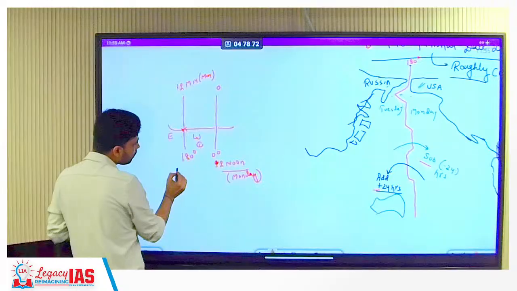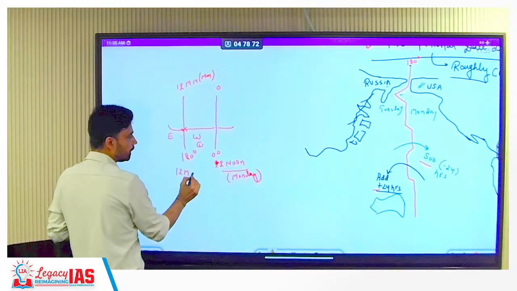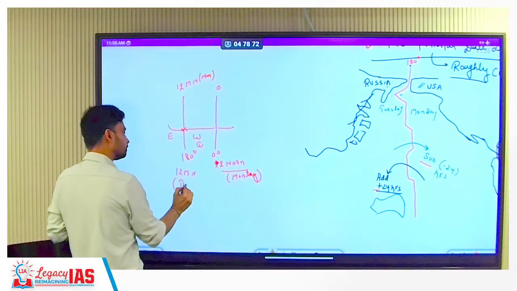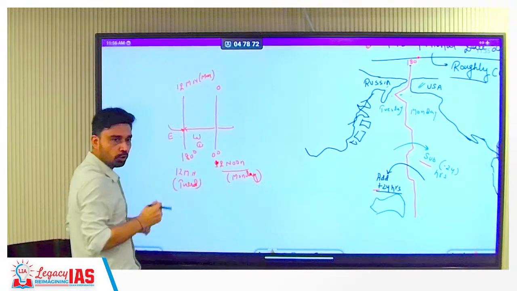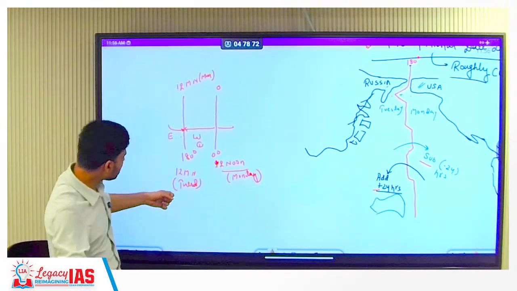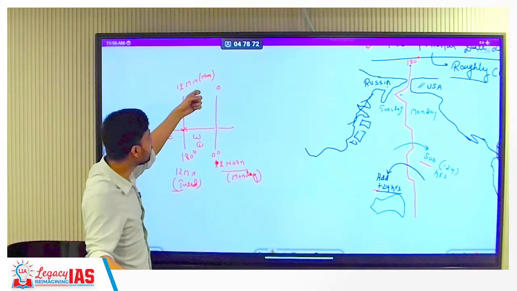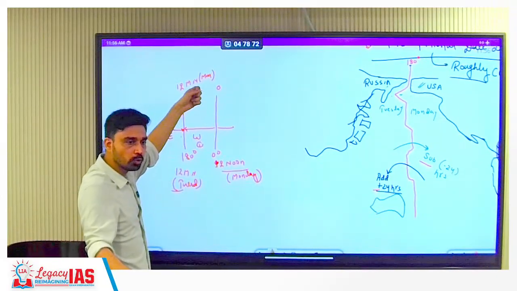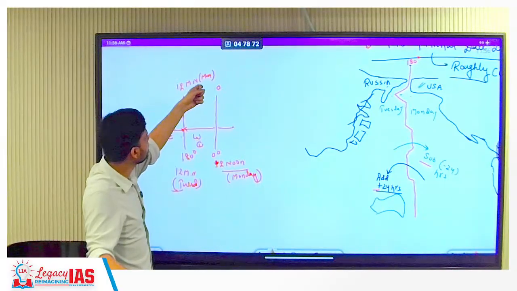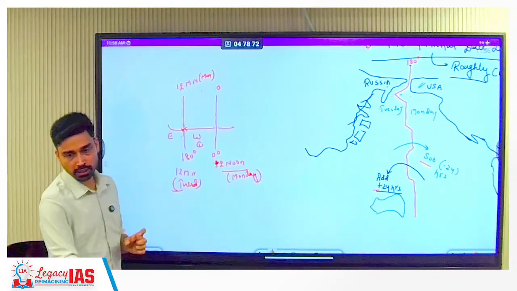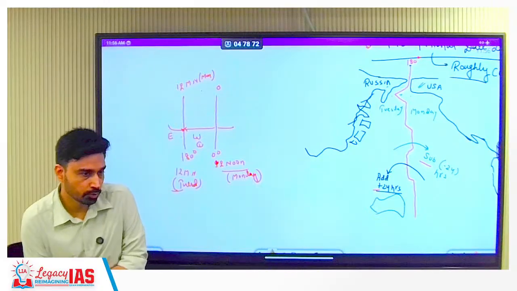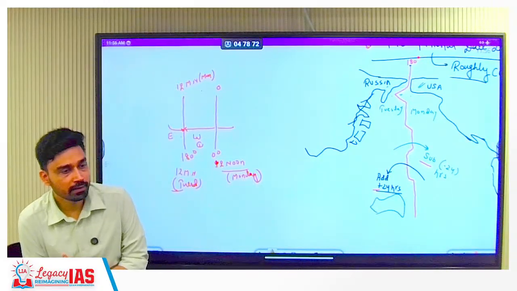Now we will say that here also it is 12 midnight. But 12 midnight of which day? Tuesday. So both of you are at the same place. Your friend is saying that it is 12 midnight Tuesday. You are saying that no, it is 12 midnight of Monday. What is the total difference between 12 midnight Monday and 12 midnight Tuesday? 24 hours. 24 hours is an entire day.